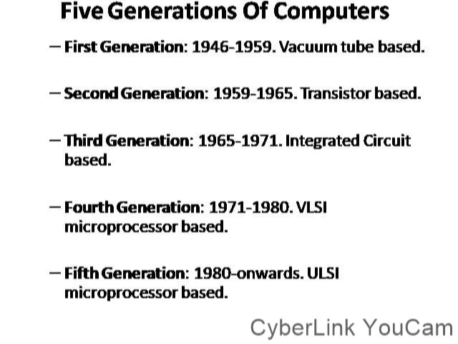As you can see here, in every generation hardware is changed. In first generation we were using vacuum tubes as the main component. In second generation we were using transistors. Third generation, integrated circuits.